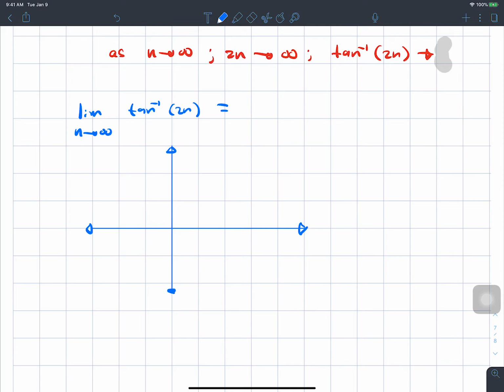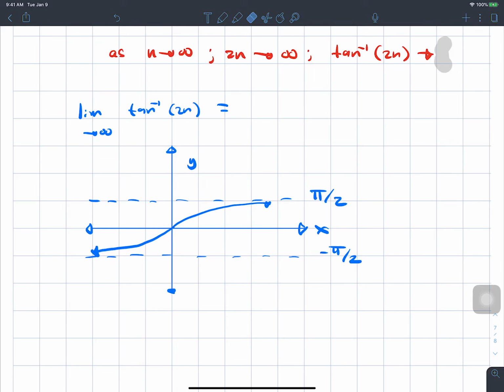The inverse tangent curve, if you guys remember, has horizontal asymptotes. And it happens at pi over 2 and minus pi over 2. And the curve gets close to these horizontal asymptotes. This is x, this is y.